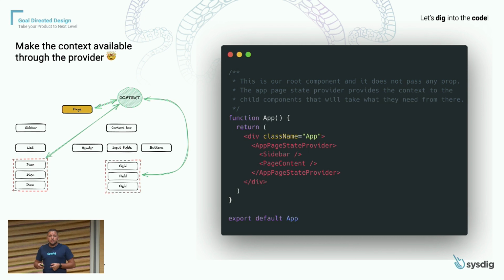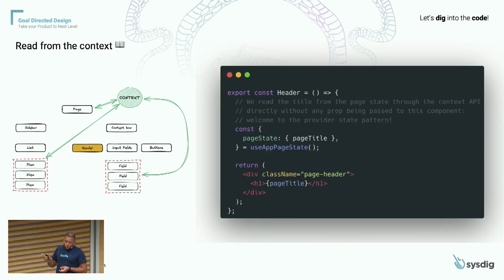Now, let's assume that we want to display the title inside the header. The information about the title stays inside the context, and we want the header to be able to access the context in order to display it. So we use the hook that we created before just to pick the title from the context and display it.